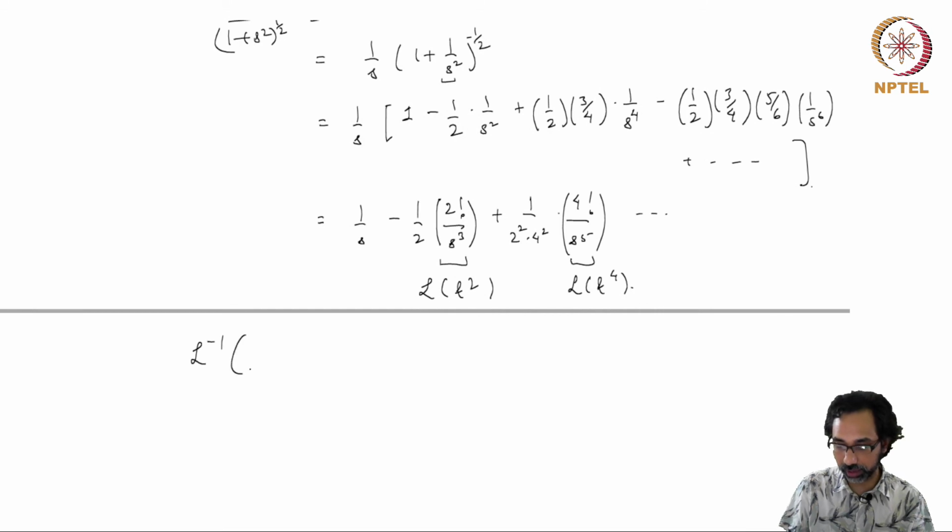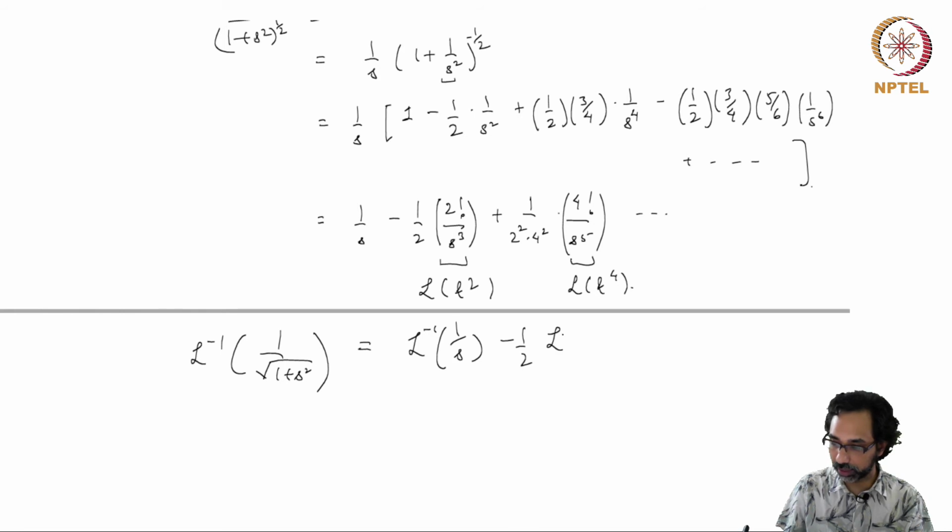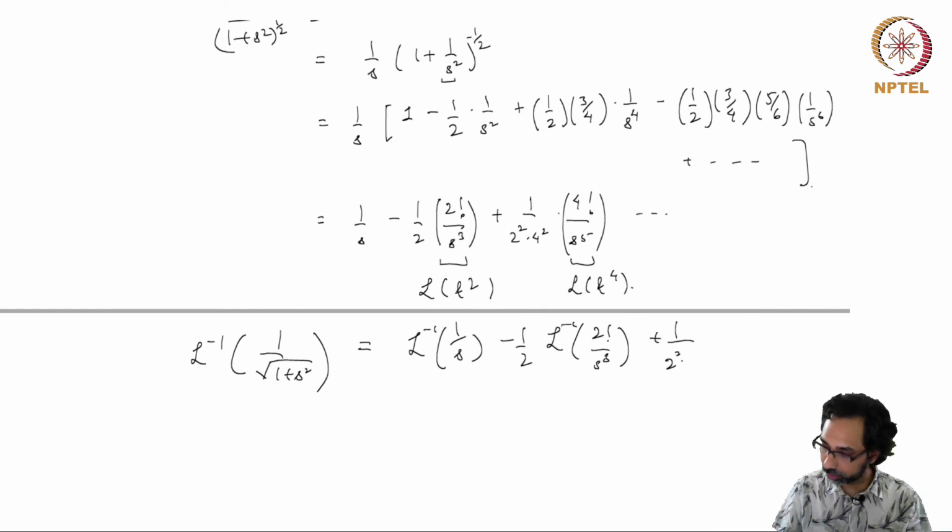So L inverse of 1/√(1 + s²) is equal to L inverse of 1/s, minus half L inverse of 2!/s³, plus (1/(2²·4²)) L inverse of 4!/s⁵, and so on.